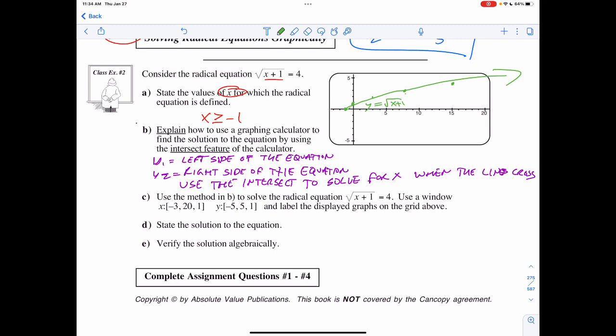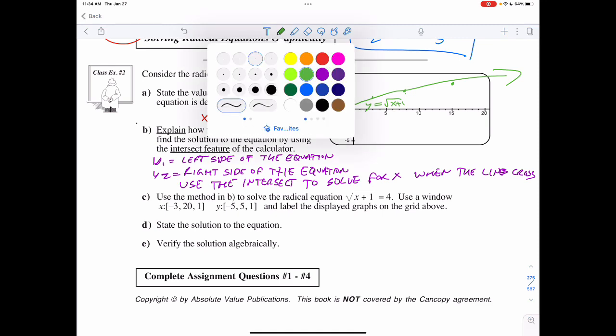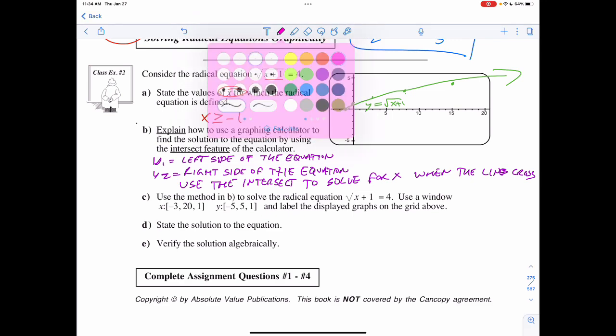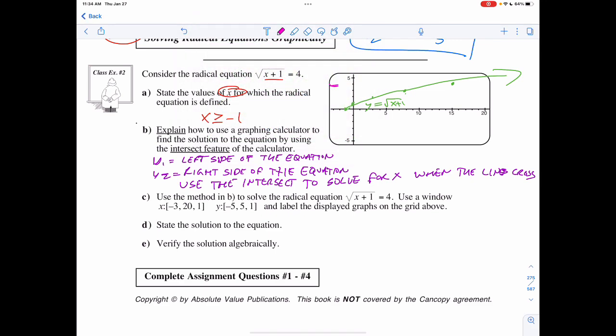I'm going to graph in y2 is equal to the right side of the equation, or y2 equals 4.